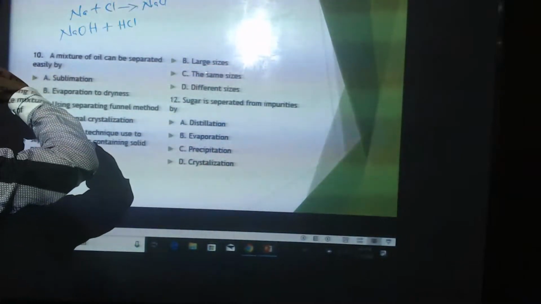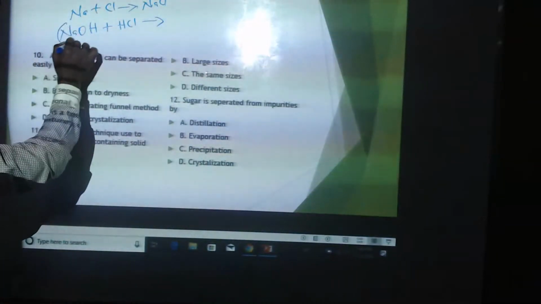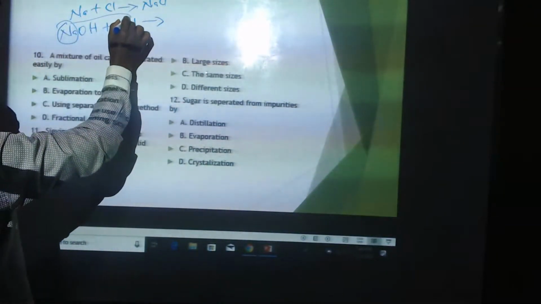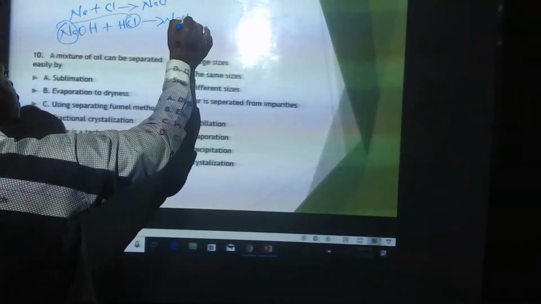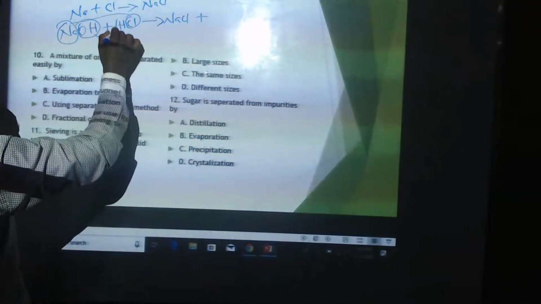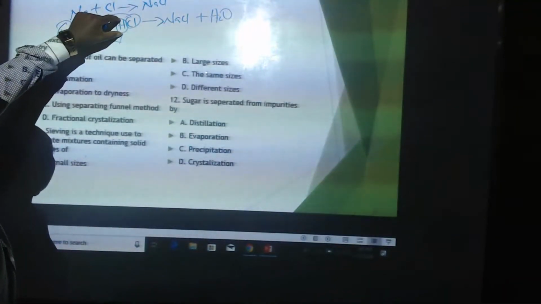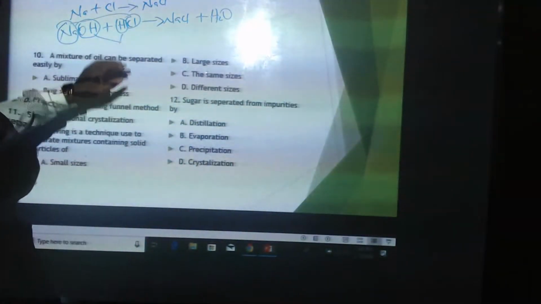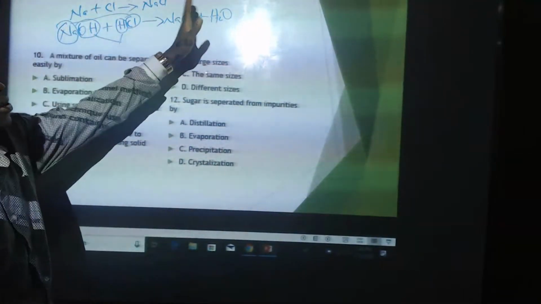Sodium chloride. Now, balancing this, pick the first and the next. You have sodium chloride plus, pick the next, this. You will now have H2O. So that means you have two atoms of hydrogen. So once you are balancing the equation, the number of elements at your left hand should be equal to the same number of elements at your right hand.